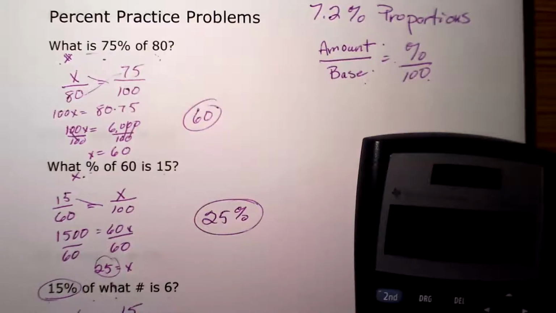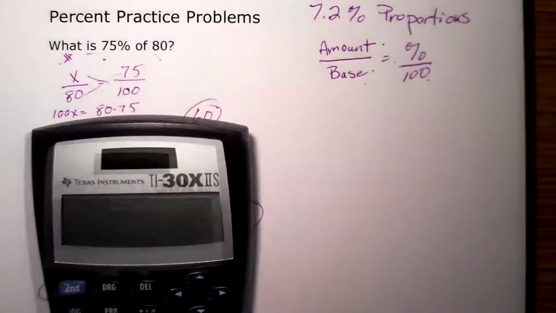Here we go again. 100 is the percent base, so the 60. And then of 150 is what? The what is the x. It's part of the 150, so it goes on top. The 150 is the base. So this time I have 100x equals 150 times 60.